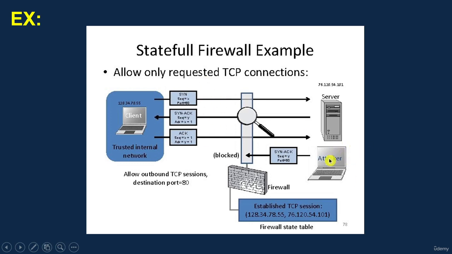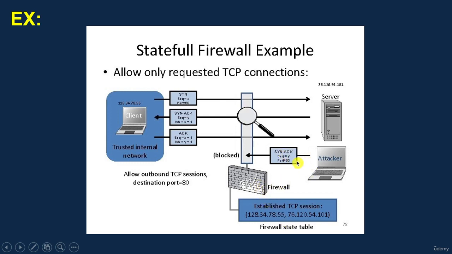And if an attacker tries to send a SYN-ACK packet towards this client, that packet will be blocked, because each and every time a SYN packet is established, it is maintained in the firewall state table. On the state table, all the information is there. So the firewall compares against the firewall state table.